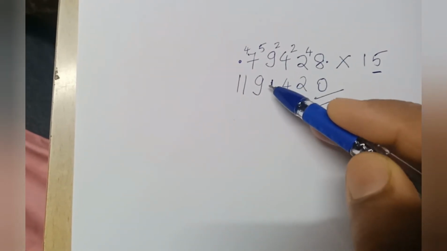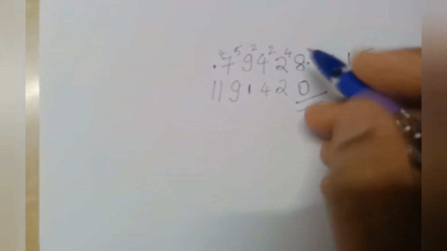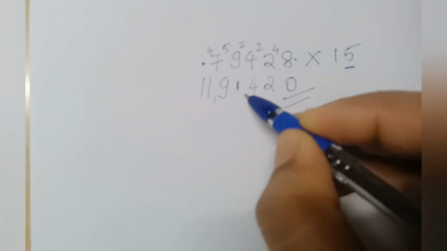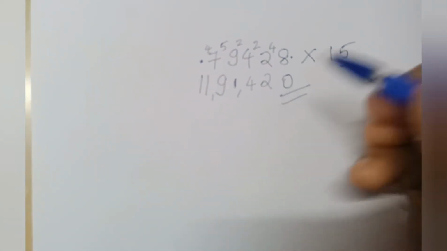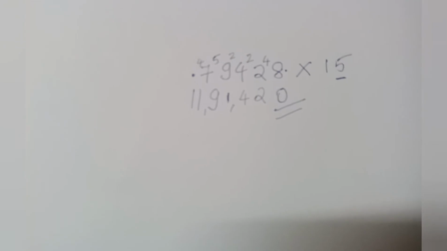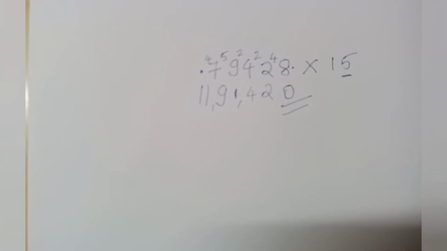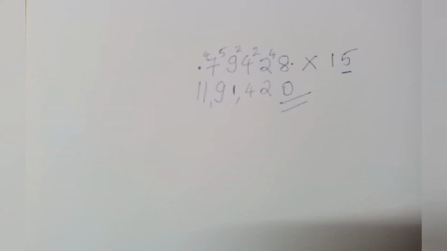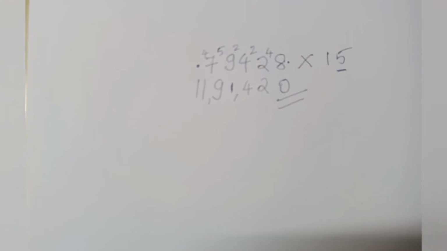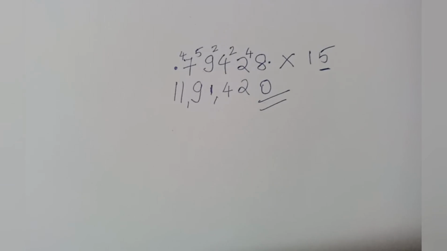Units, tens, hundreds, thousand, 10,000, lakh, 10 lakh. So it is 11,91,420. Easy way. This is the same way you have to multiply with 16, 17, 18, 19. So from 12 to 19 you can use this particular method. I hope it's clear to everyone.